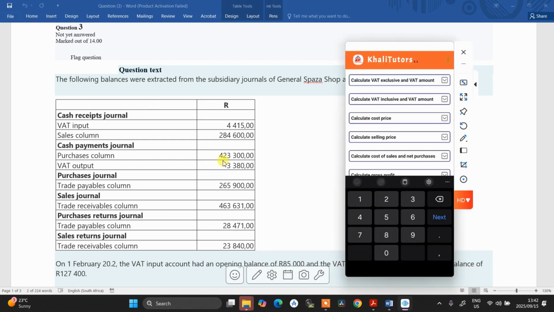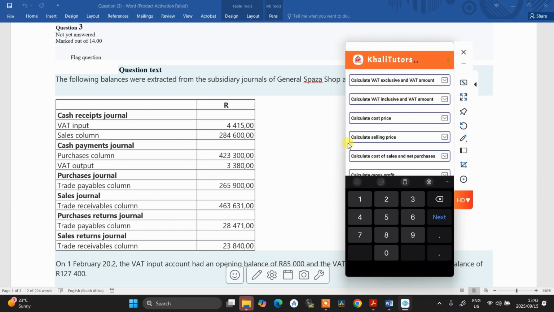When you are using Kalituta's application, it is important that you understand exactly what you need in order to calculate the different values. Here we want to calculate the VAT amount, and we are given the VAT exclusive amount. So in terms of the calculator, you must choose calculate VAT inclusive and VAT amount, because you have VAT exclusive.